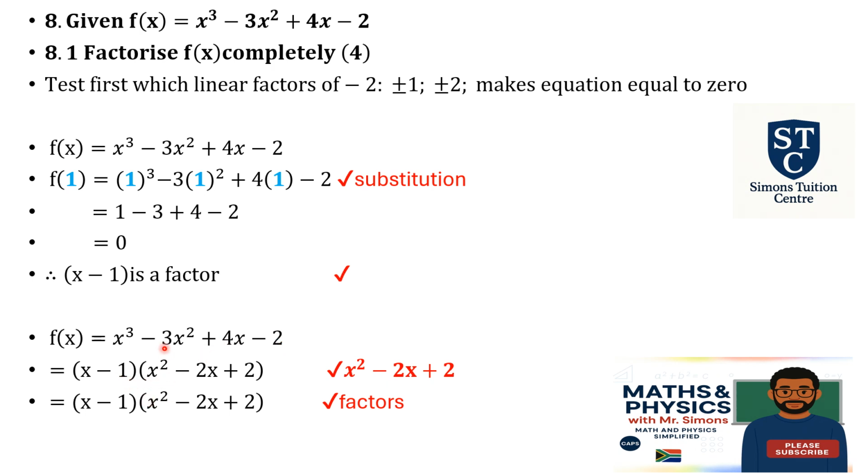I need to get to −3x². So x times −2x gives me −2x². So −2x² minus 1x² gives me −3x². Right, and from there, this quadratic as it is, we cannot factorize it further. So that expression stays as it is. So 1 mark for substitution, 1 for knowing x − 1 is a factor, 1 for getting the quadratic equation, and 1 for understanding that is the final answer.